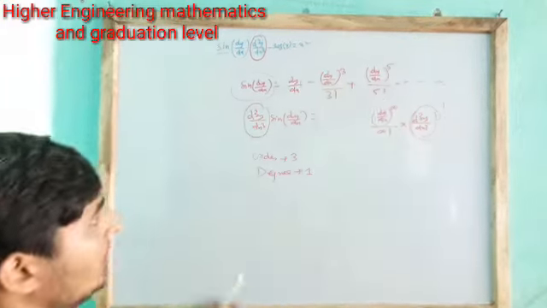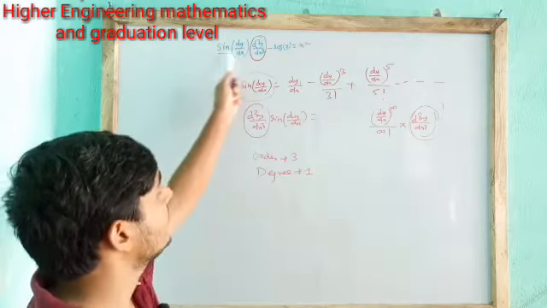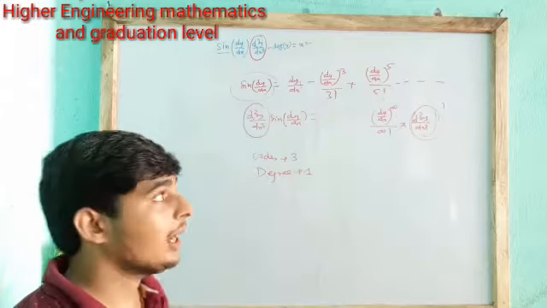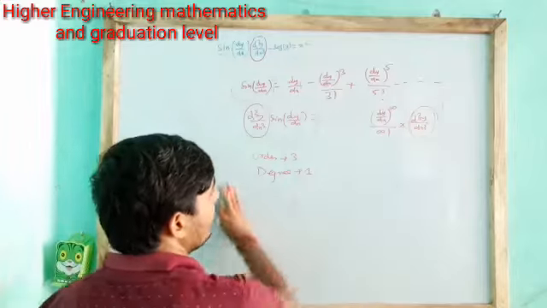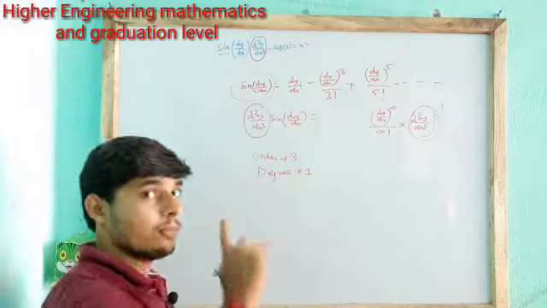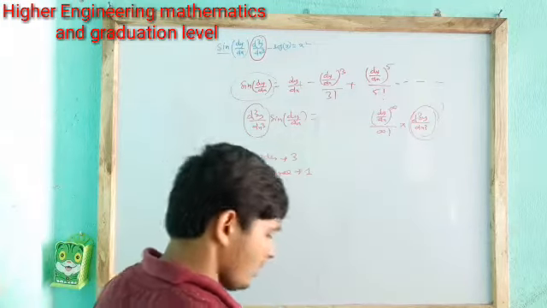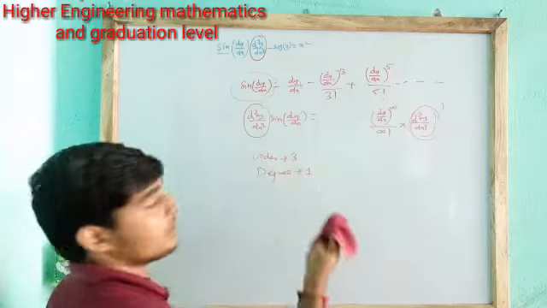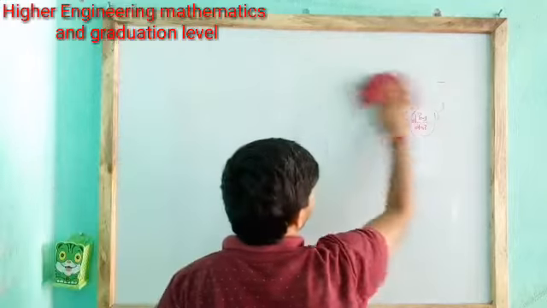If you directly solve this problem, you will directly say that it is in a sine function, so the degree is not defined. No, it is not a compulsory case. When we do this expansion and solve it, then we conclude whether its degree is defined or not defined. So this was an important question. It may be asked, and it will clear all your concepts about order and degree of the differential equation.